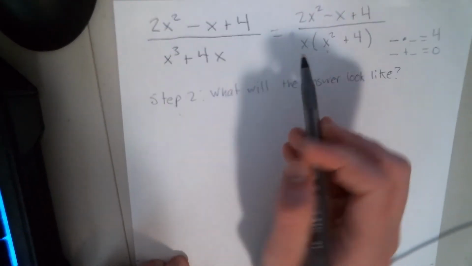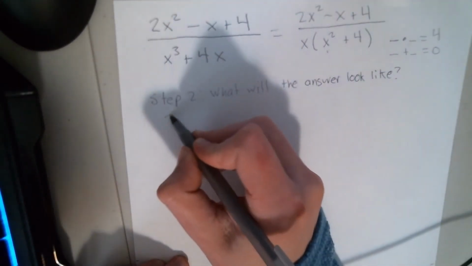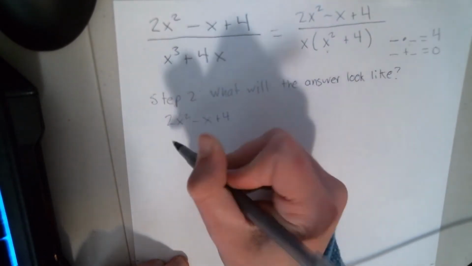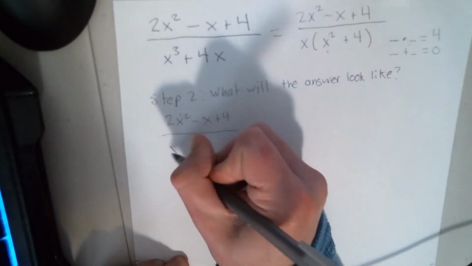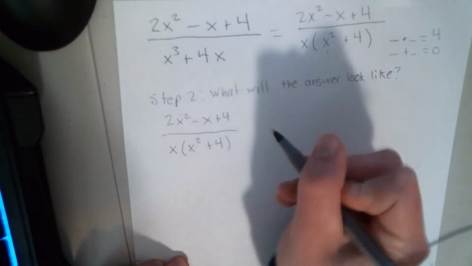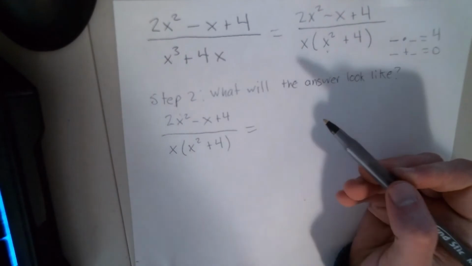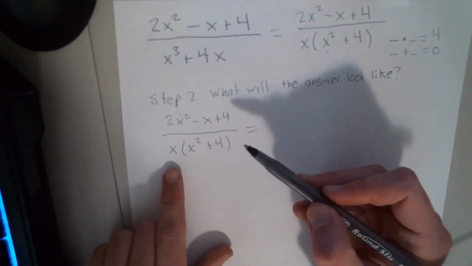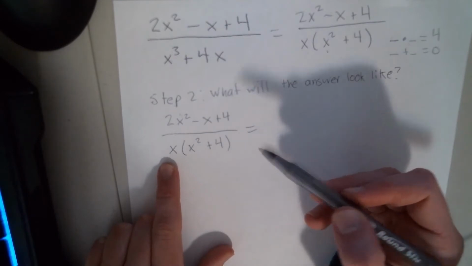So I have 2x squared minus x plus 4 divided by x times x squared plus 4. And how I figure out what this will look like is by looking at each factor in the denominator.